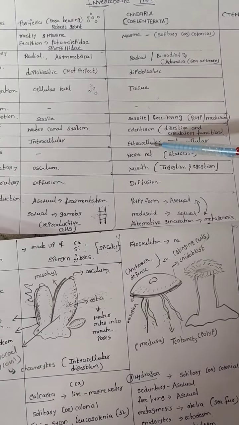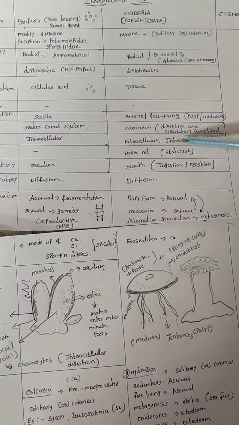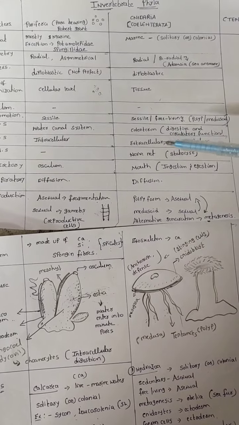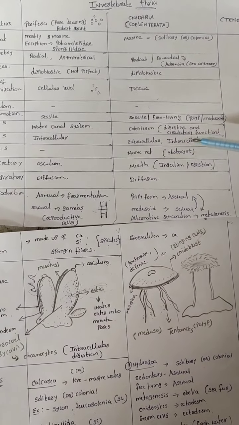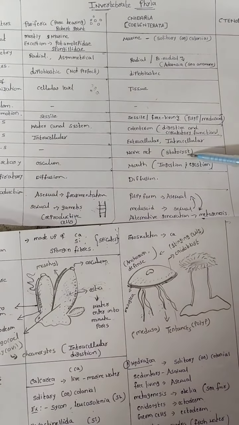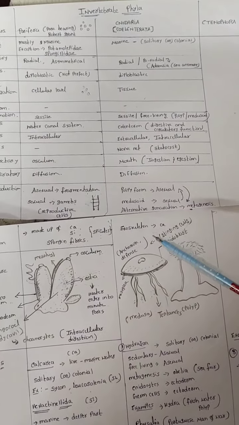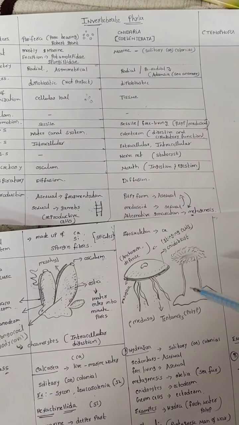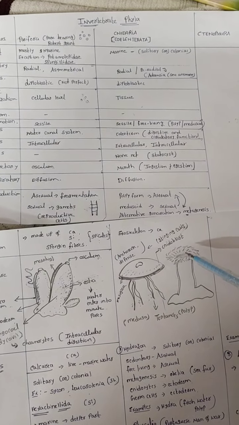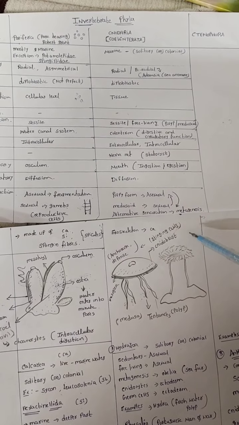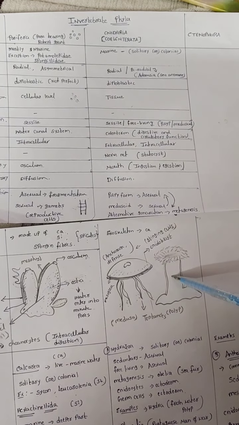That's why both extracellular and intracellular digestion take place. And the nervous system: they have a specialized nerve net, and the sense organ is called the statocyst. And excretion: see, here there is no anus. Through the mouth, both ingestion and egestion take place. Ingestion means entering of the food material.